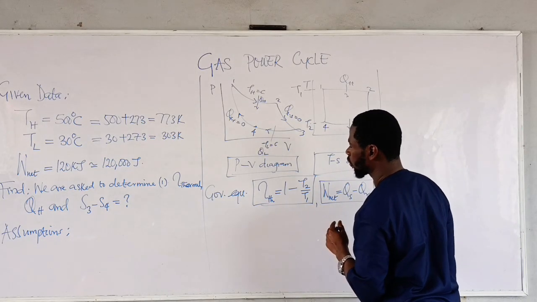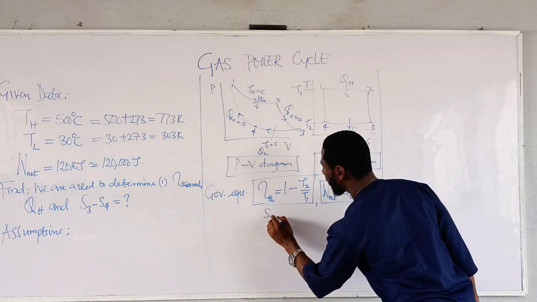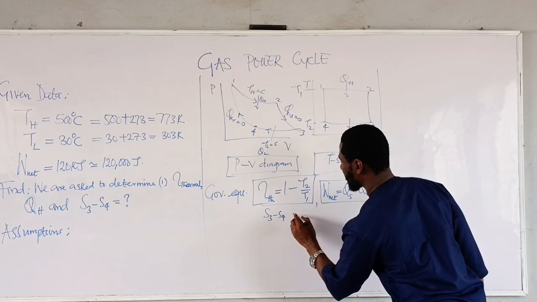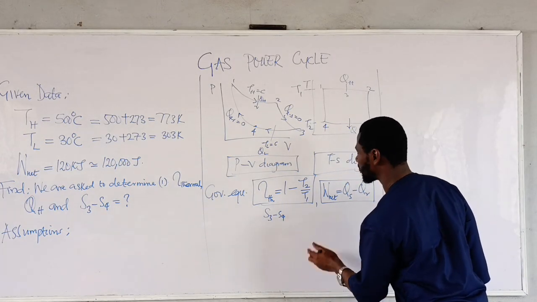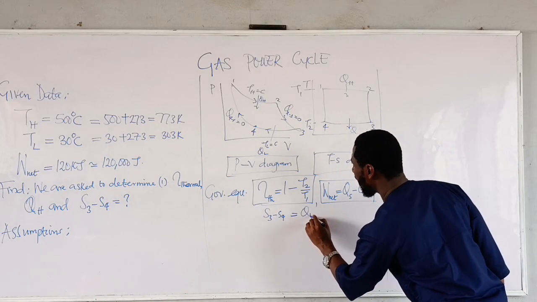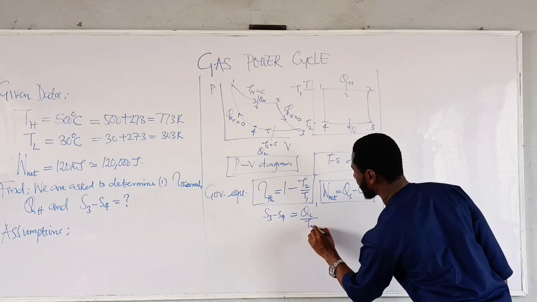And the third equation is the entropy change, S3 minus S4 equals QL over TL.